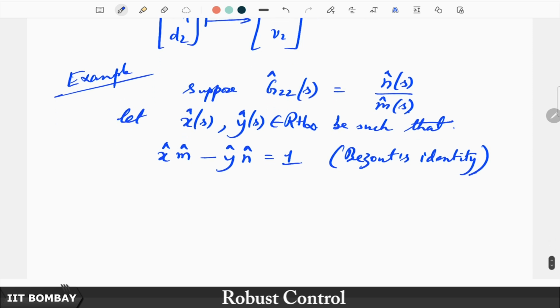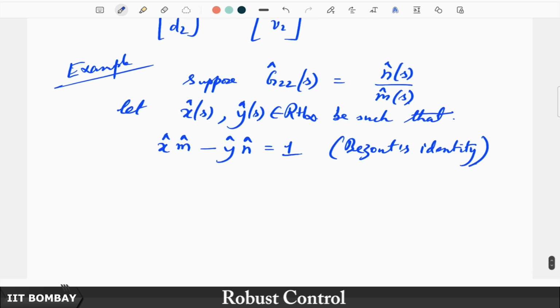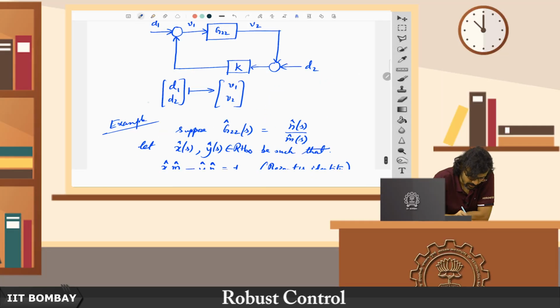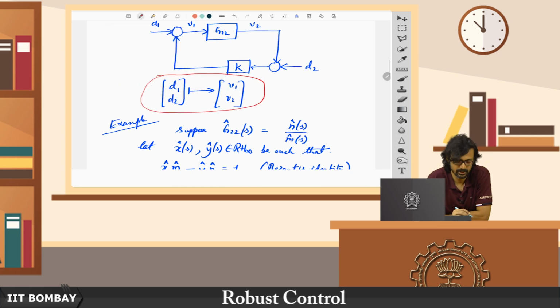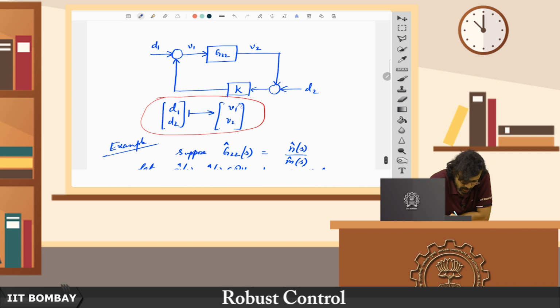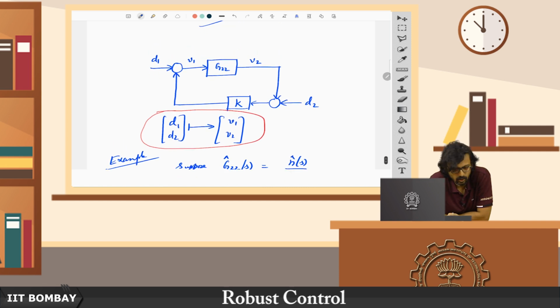Okay. Now notice what we can say about the scalar transfer function that is embodied in this particular relation. If you focus your attention on d1 to v1, we know in the scalar case, from preliminary courses on control systems, that if you want to find this transfer function, the order in which you multiply these blocks does not matter, because it is scalar multiplication, which is commutative.